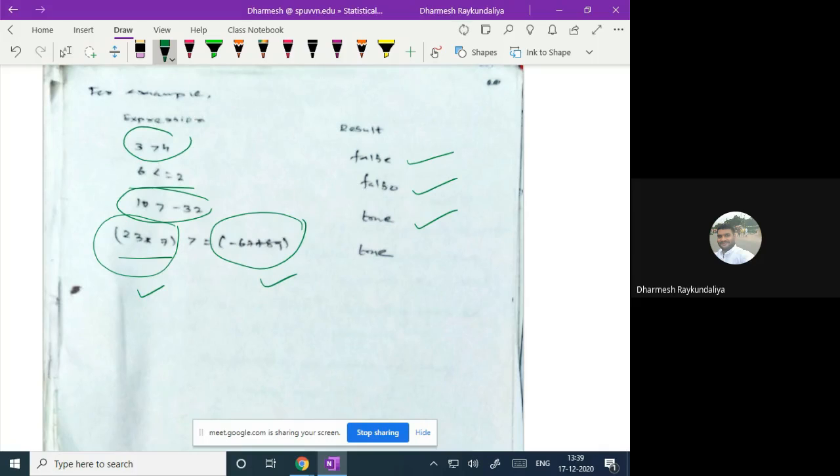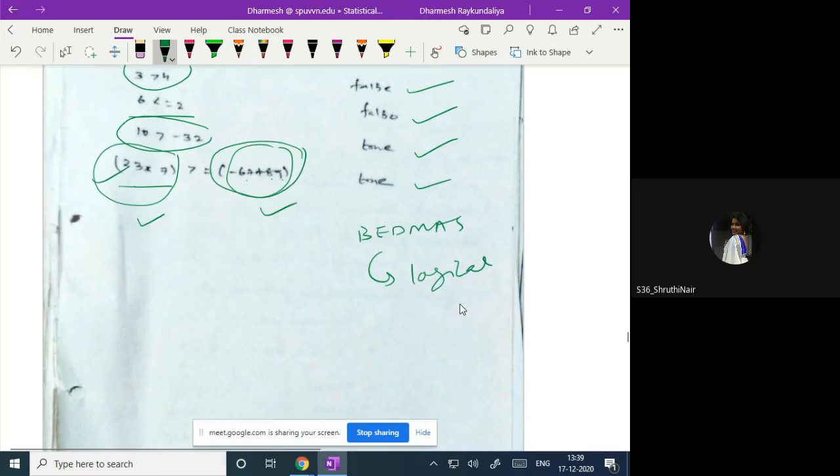You can also say it first performs the BODMAS operations and then the relational and logical ones. So 23 plus 23 into 7, and what about minus 67 plus 89? Of course this number is smaller than this, so this expression is greater than this, and the result will be shown.